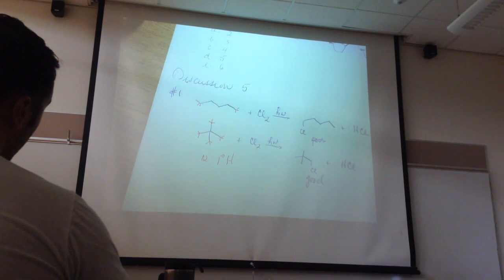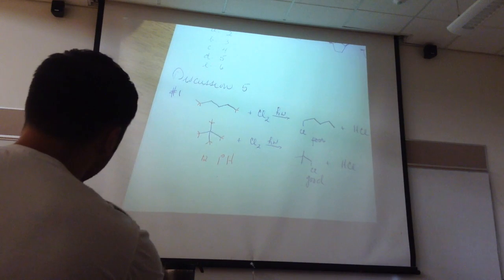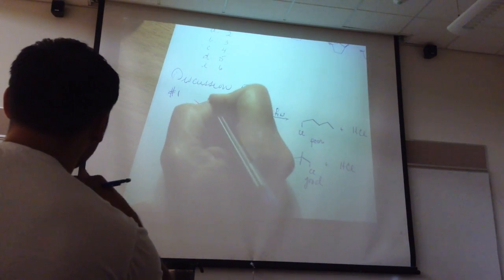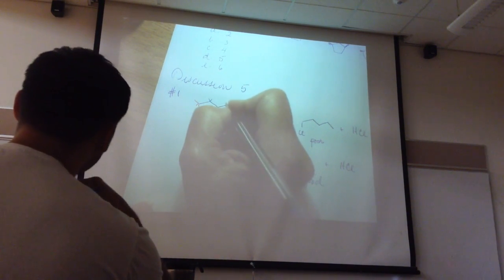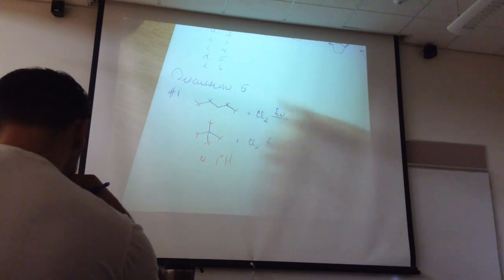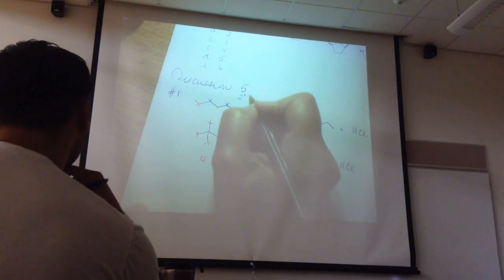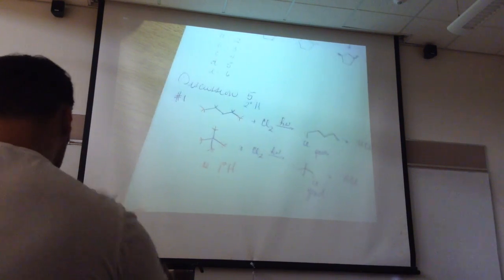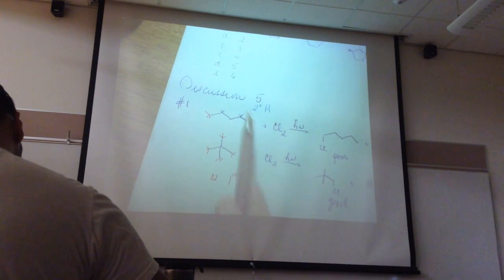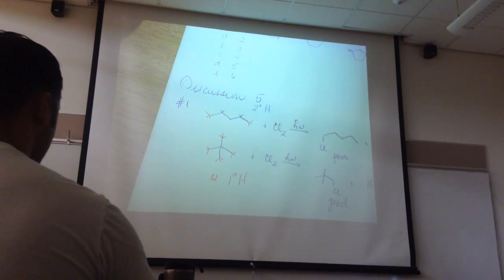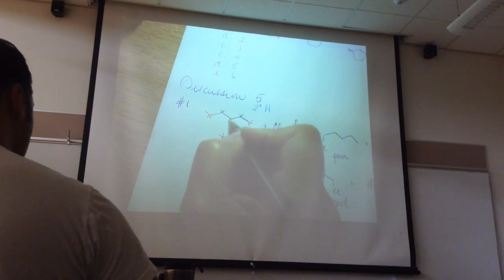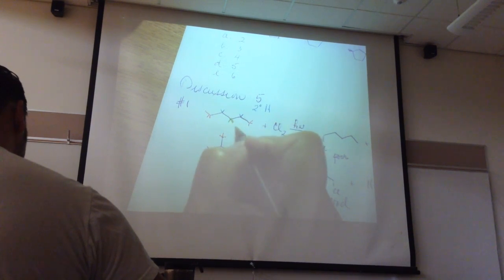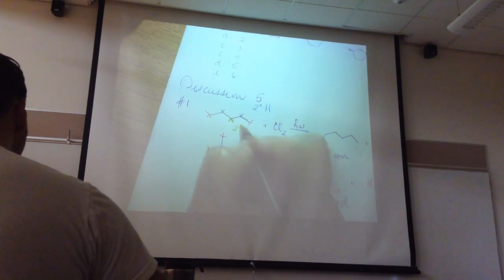So all of these blue hydrogens are secondary hydrogens that are equivalent to each other, and then we have these down here that are also secondary hydrogens equivalent to each other.